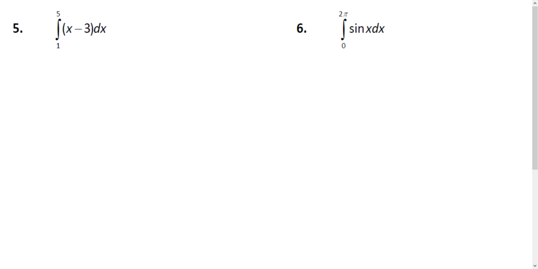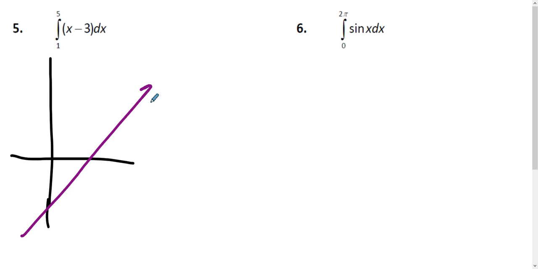Question 5 asks us for the integral from 1 to 5 of x minus 3. Well, what does x minus 3 look like? x minus 3 looks like this, where it hits the x-axis at 3. So here's 1, here's 5. We're interested in the integral determined by these regions. Well, this triangle is congruent to this triangle.